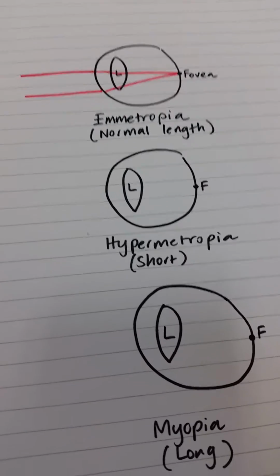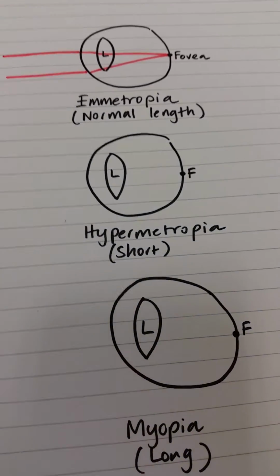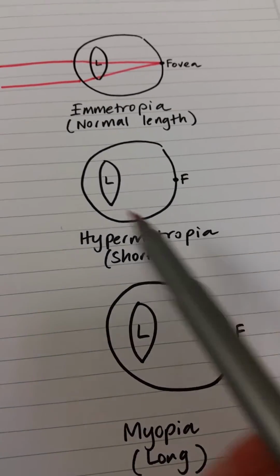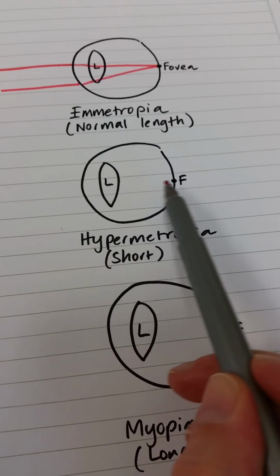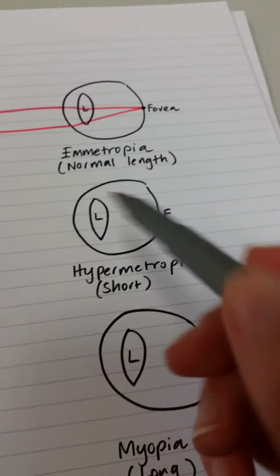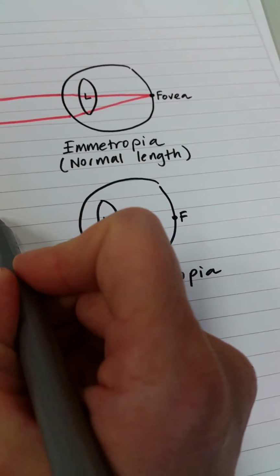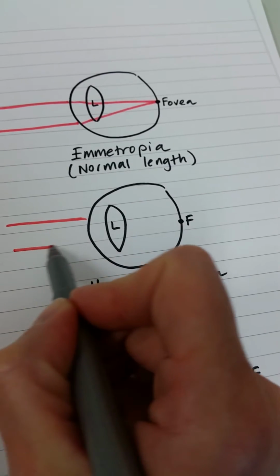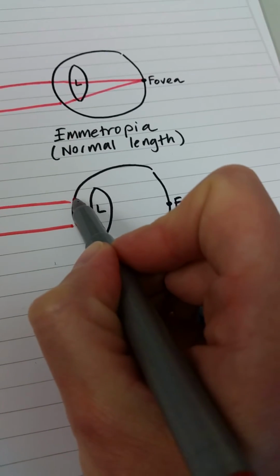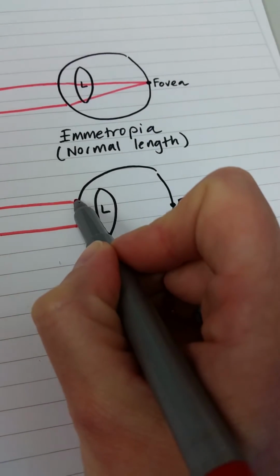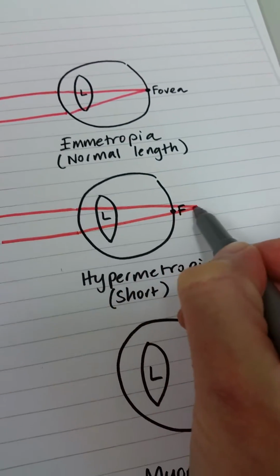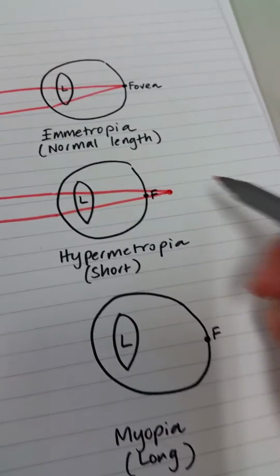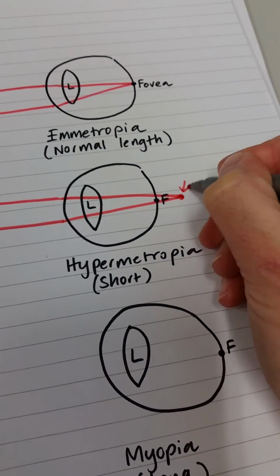Now let's have a look at what happens in hypermetropia, where the eye length is short. So the distance between here and here is a bit shorter than normal. What happens is the light rays come in the same way and they're bent ever so slightly, but because the eye is short, the nodal point actually is past the fovea and lands here.